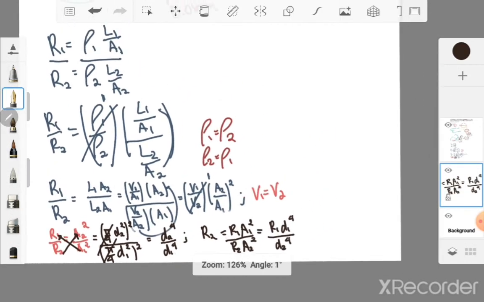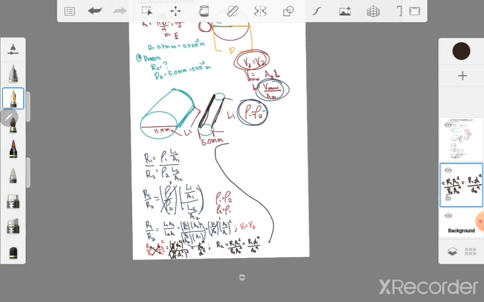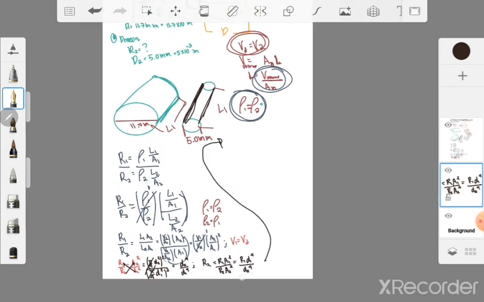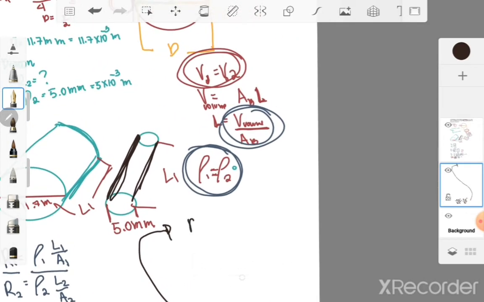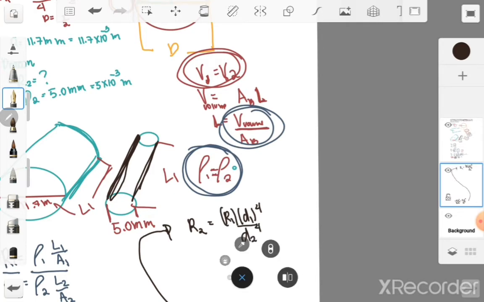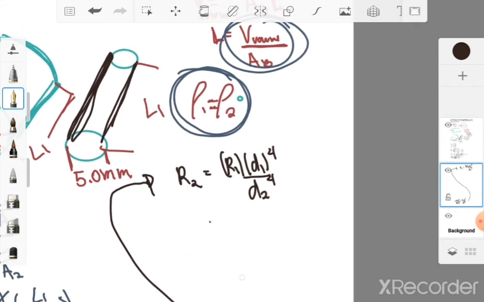Okay. So solving for the value of R2, we have R2 which is equal to R1 multiplied by D1 raised to 4 all over D2 raised to 4. What is our D1? Our D1 is equal to 11.7 millimeter.